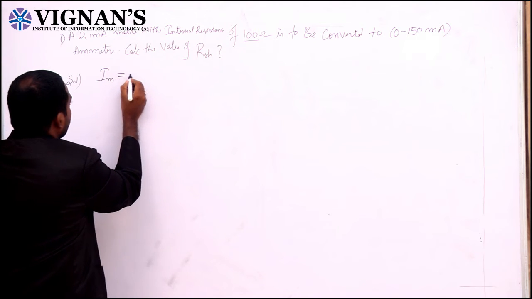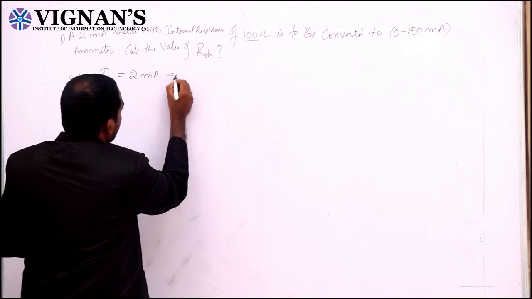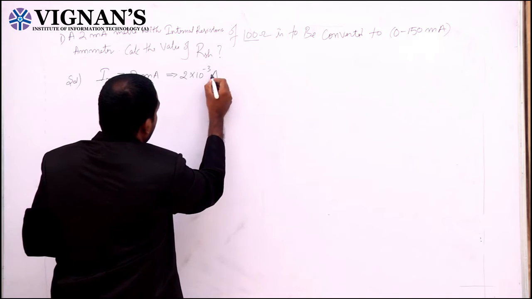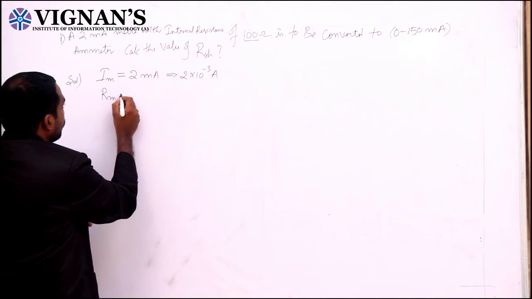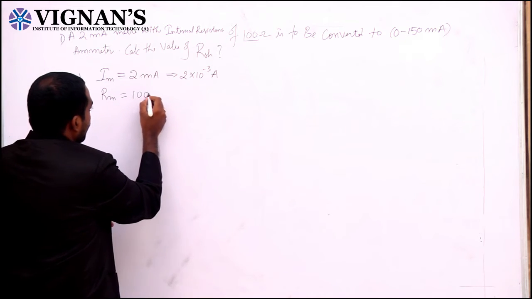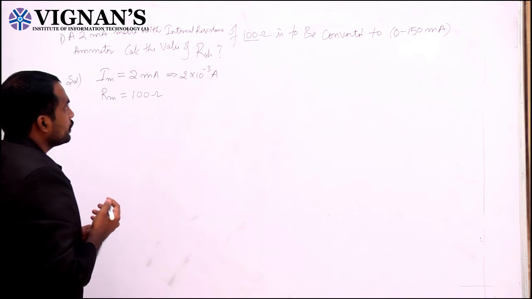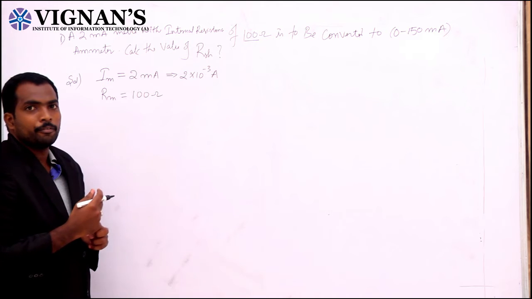where the value of Im is equal to 2 milliamps, which is equal to 2 into 10 to the power of minus 3 amps, and the internal resistance of the meter Rm is equal to 100 ohms, and it is to be converted into a meter having a range of 0 to 150 milliamps.